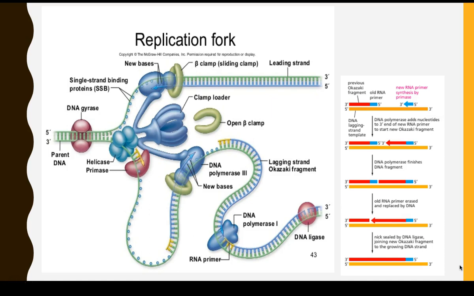DNA polymerase makes a phosphodiester bond between the new base and the existing base. The DNA polymerase uses bases called deoxynucleotide triphosphates. These dNTPs bring their own energy to the DNA polymerase.